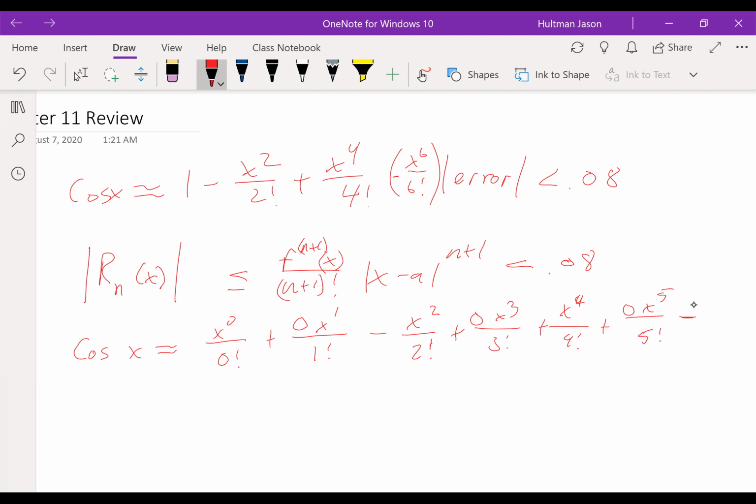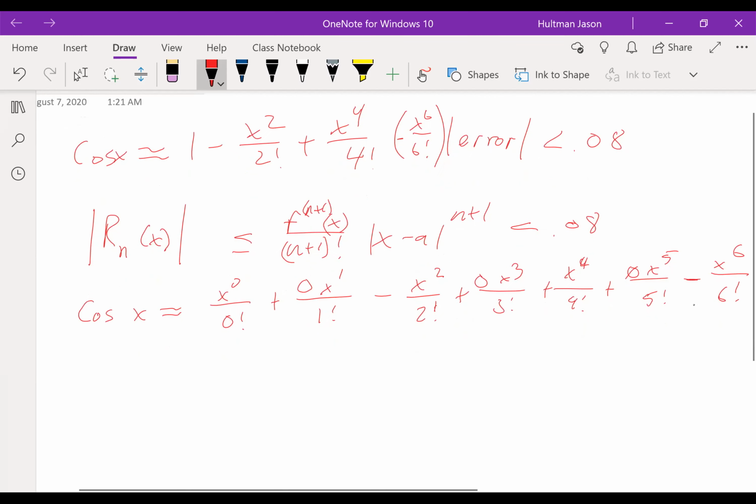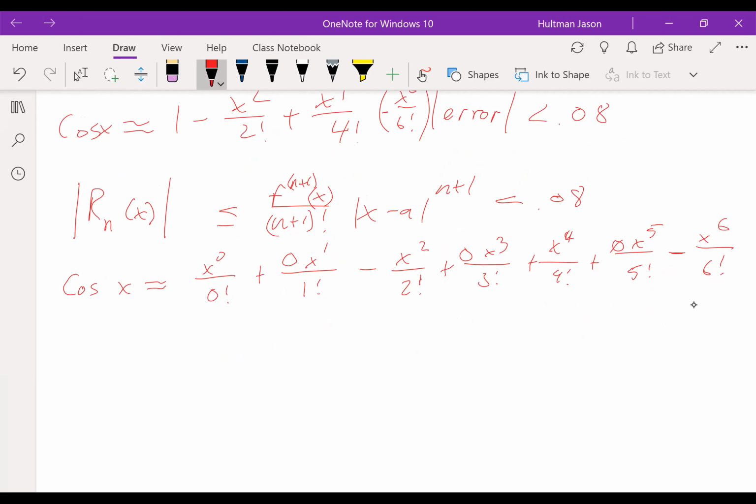But we have to think of what the term number is that we're going up to in order to use R sub n of x. So this is going to be minus x to the 6th over 6 factorial. If this is n equals 0, n equals 1, n equals 2, n equals 3, n equals 4, n equals 5, and n equals 6, we want to use this term.